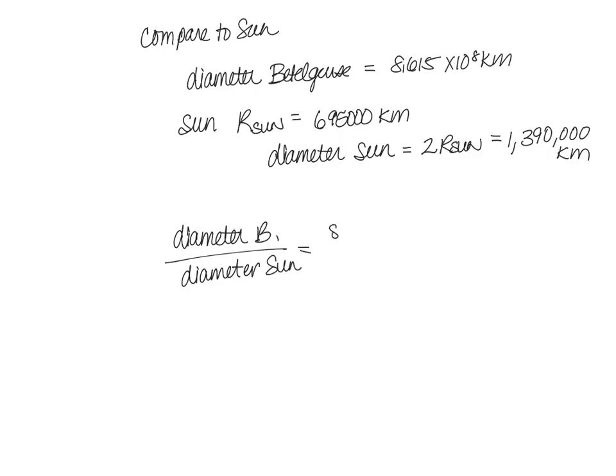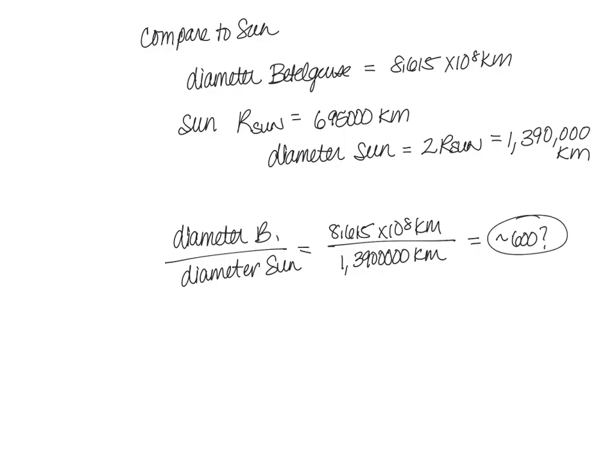And so we would put 8.615 times 10 to the 8th kilometers over 1,390,000 kilometers. And that should give us a ratio of around 600, maybe? But whatever this number is, you could say that Betelgeuse is that number times bigger than the sun. And that's what they mean by comparing it. I hope that helps.